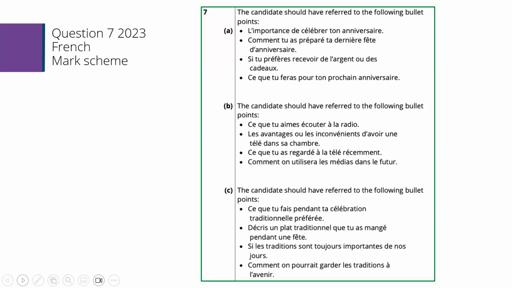So in terms of developing that range, it's important that they identify the time frame, but also think about the range of language that sits within each of those bullet points.